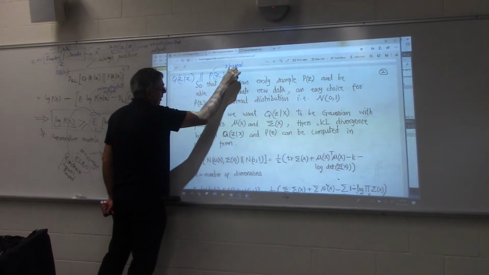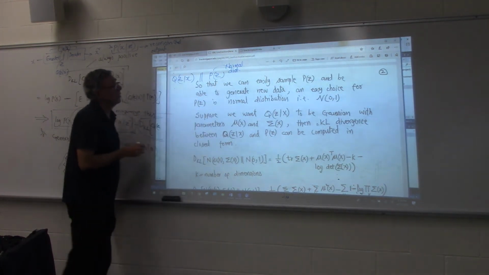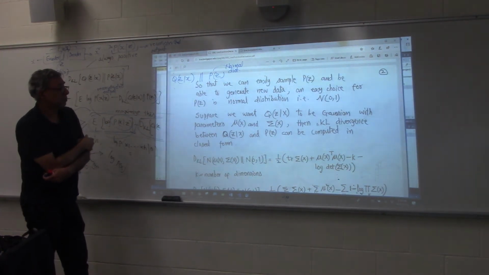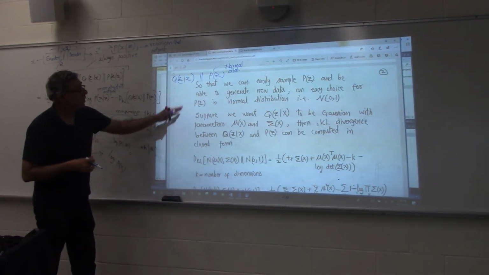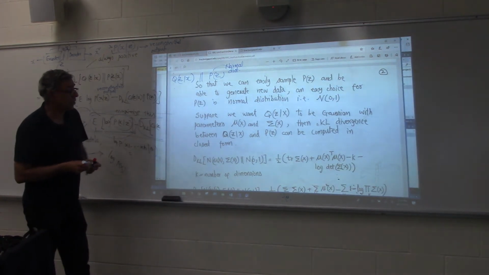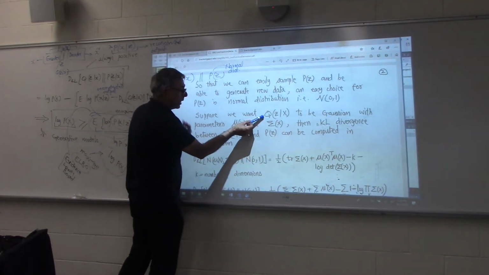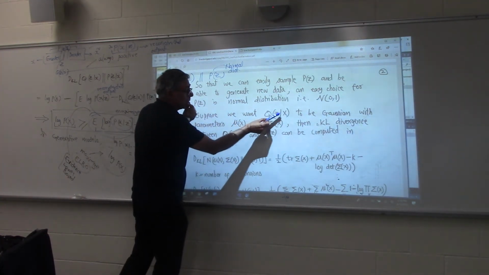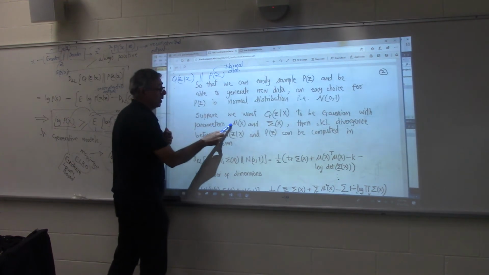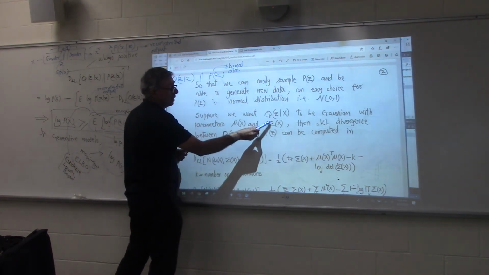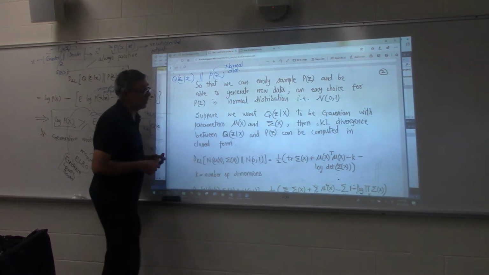It could be some other distribution also, but for the normal distribution, people have done further evaluation of this term. As I say over here, we want Q of Z given X to be Gaussian with parameters some mu, and in higher dimensions the variance is like a covariance, so sigma is the covariance.